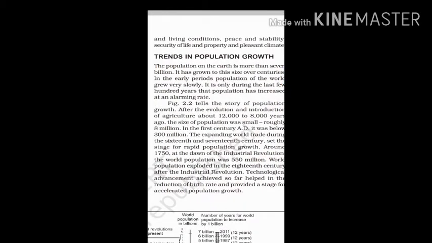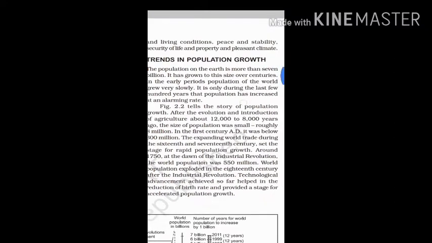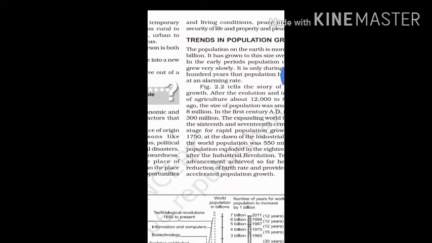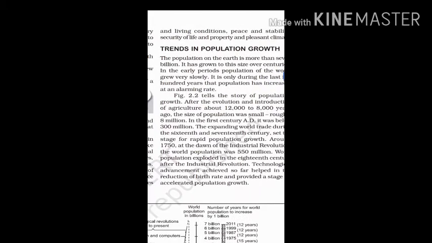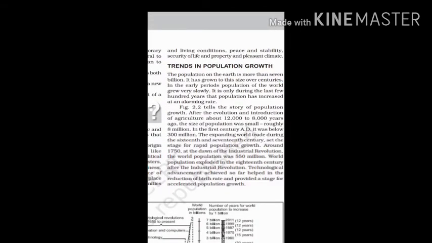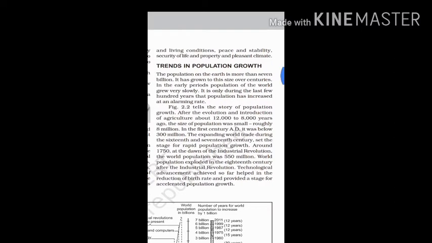Now, trends in the population growth. See, after the evolution and introduction of agriculture about 12,000 to 8,000 years ago, the size of population was small, roughly 8 million. In the first AD, it was below 300 million.